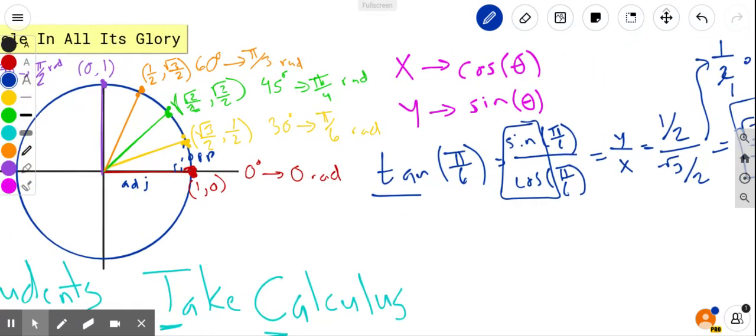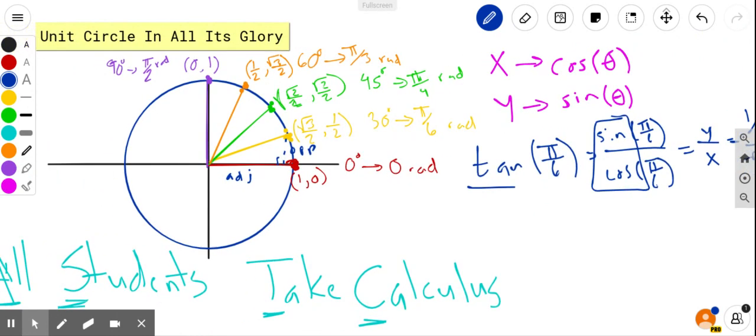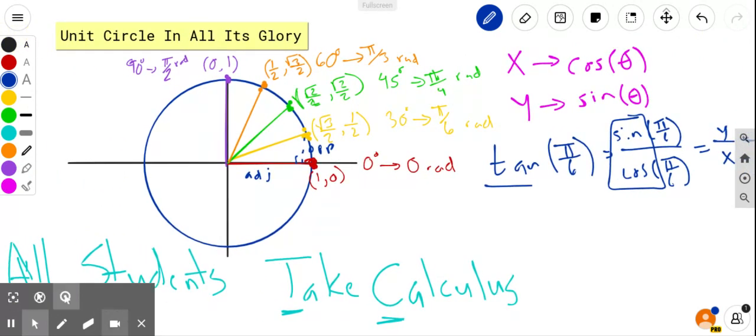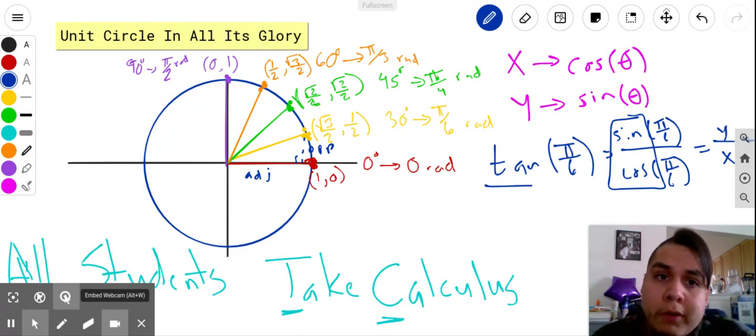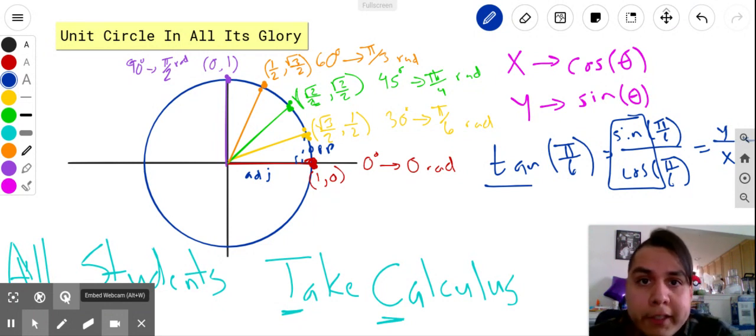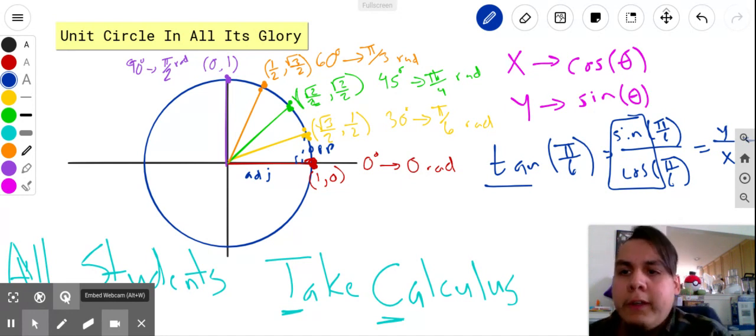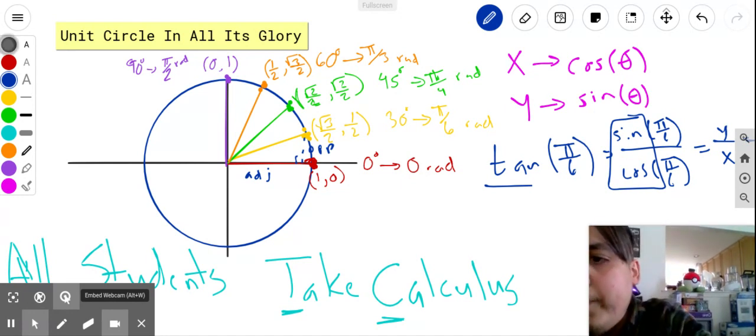So, as the video takes me back, notice how I got a positive number from dividing two positive things in the first quadrant. So that's why all trig ratios in the first quadrant are positive. In the second quadrant, here's what I know.